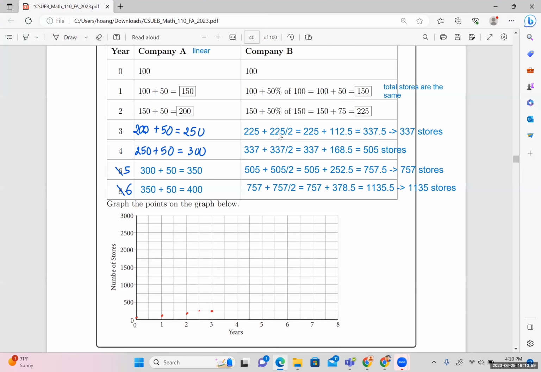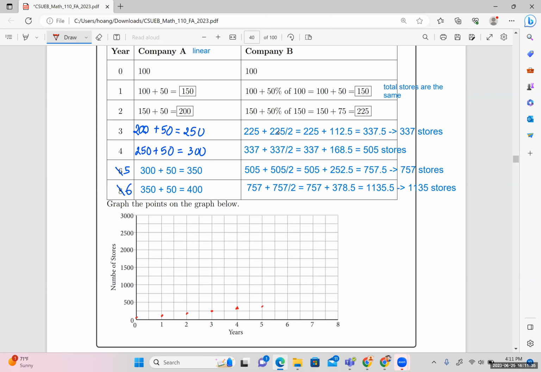And then we have 4, right? 300. And this is about somewhere here. And then I have 350 somewhere up here.